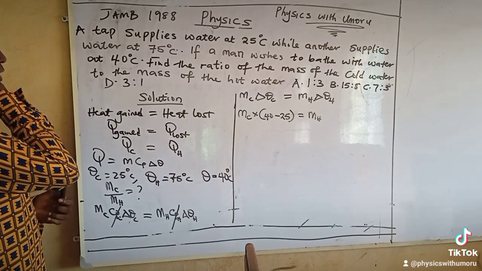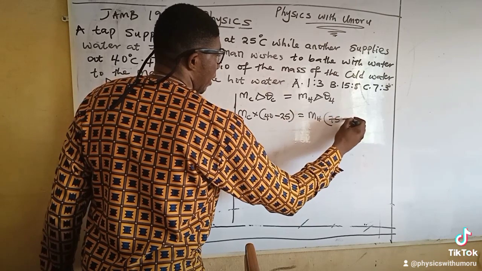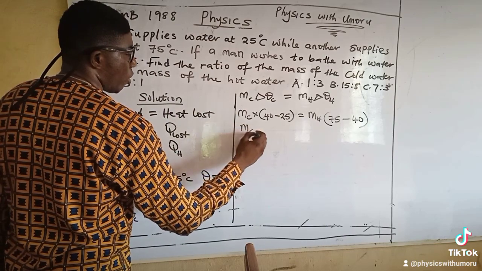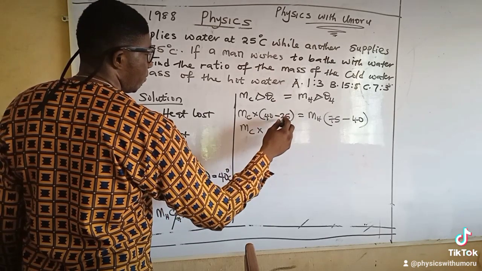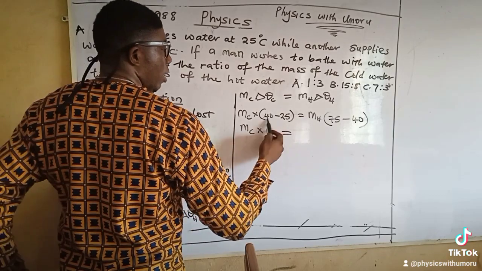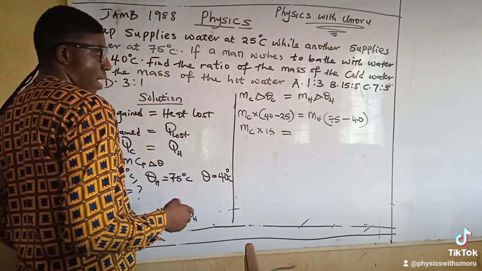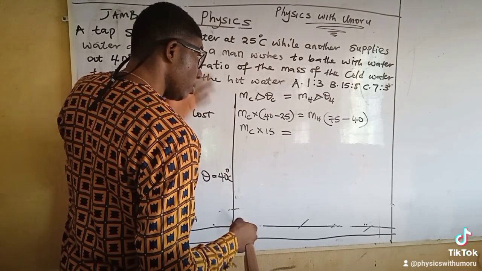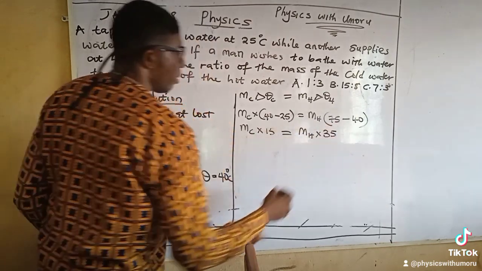So the change in temperature there is going to be 75 minus 40. So when we do this, we are going to have mass of cold times 40 minus 25, which gives us 15, is equal to mass of hot times 75 minus 40, which gives us 35.